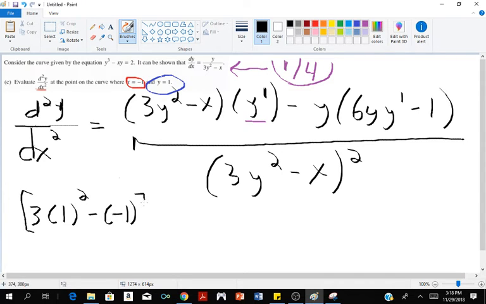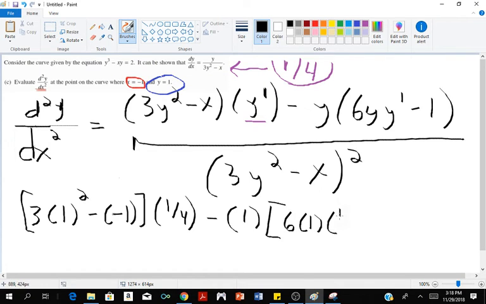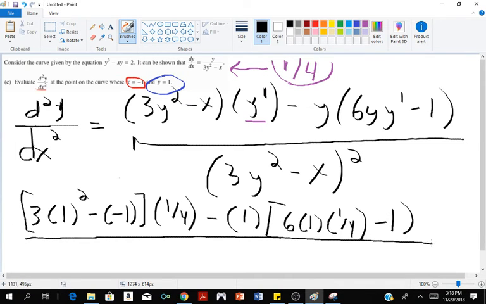Put that in brackets because it's all getting multiplied by y prime, which is 1/4. Minus, we've got a y, which is 1, 6 times y is 1, times y prime is 1/4, minus 1, all over the bracket, 3, y is going to be 1 squared, minus negative 1, squared.